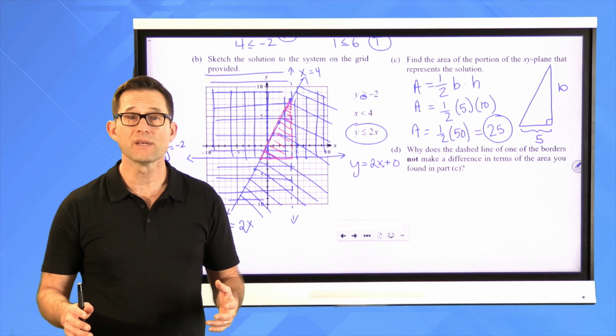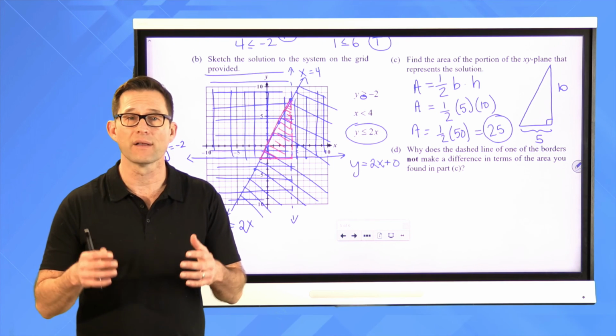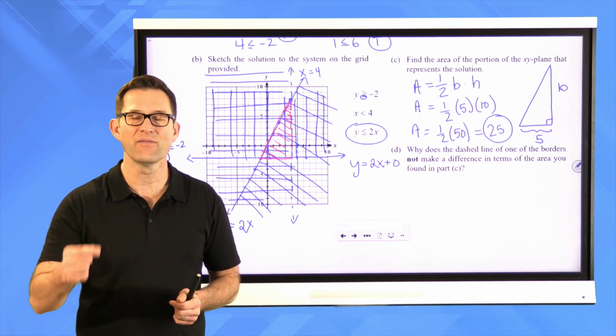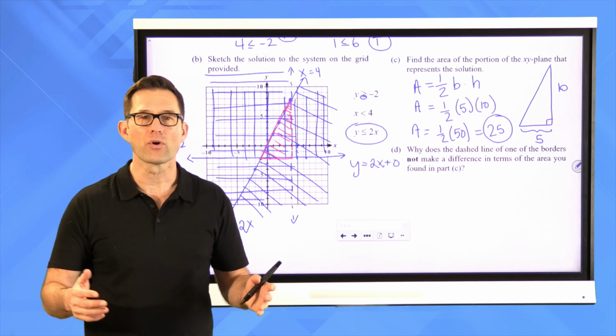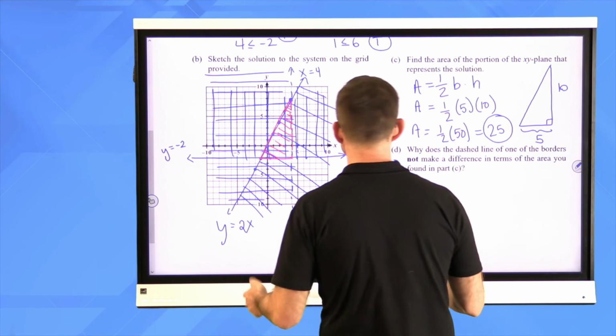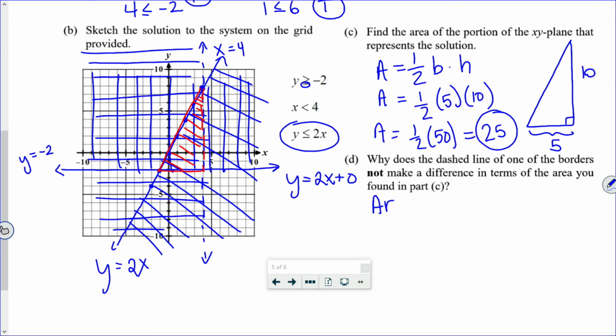Well, it's pretty simple, right? Especially if you understand the concept of area. Area is a measurement of the space inside of an object. So the border doesn't matter, right? Whether the border is included or not is sort of irrelevant. Area is the space inside the region.